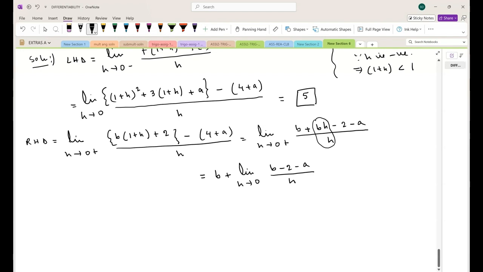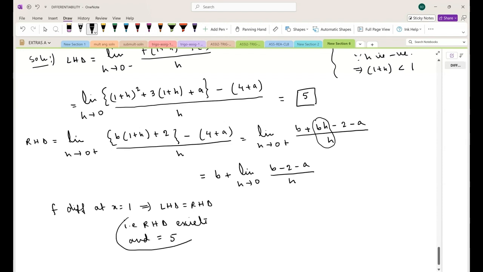Now listen to this part very carefully. It is given that f is differentiable at x equal to 1, so that means left hand derivative equal to right hand derivative at 1. That means the right hand derivative exists and is equal to 5. So we know this fact for sure about the right hand derivative.